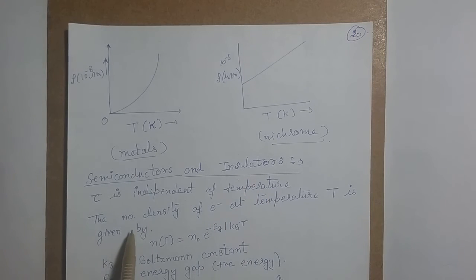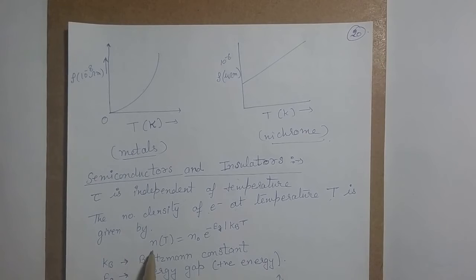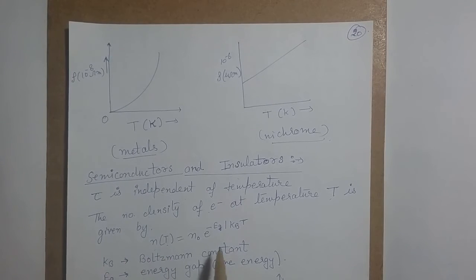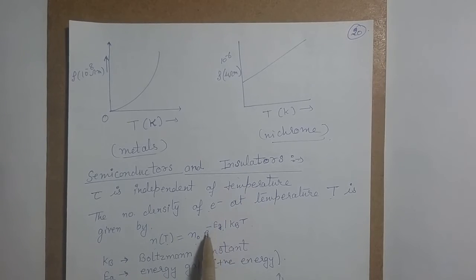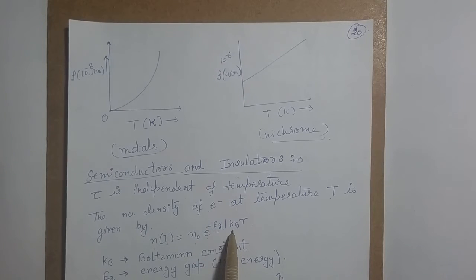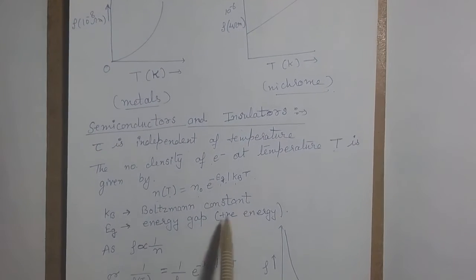That is, the number density of electrons at temperature T is given by the relation n equals n naught, the original number density, e raised to power minus Eg divided by kBT. Now what is this Eg? Eg is the energy gap between the valence and conduction band. kB is the Boltzmann constant, and T is the temperature.